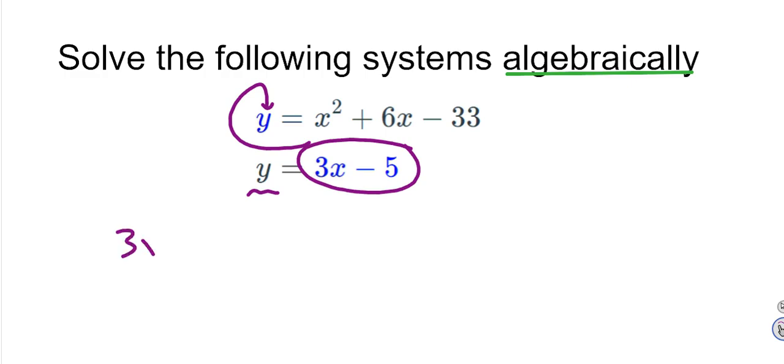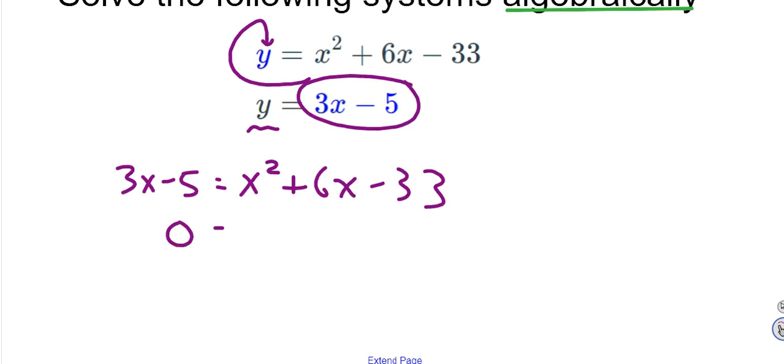So I'll have 3x minus 5 is equal to x squared plus 6x minus 33. And I'm going to go ahead and get the 0 there, so I'm going to subtract the 3x from both sides and add the 5.